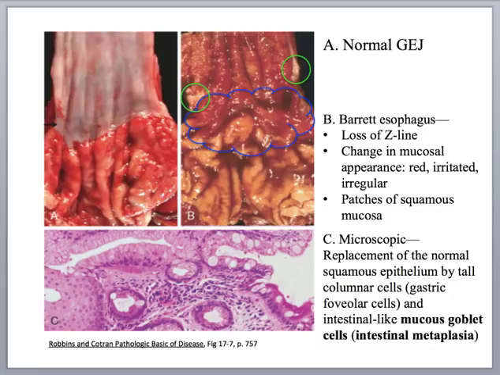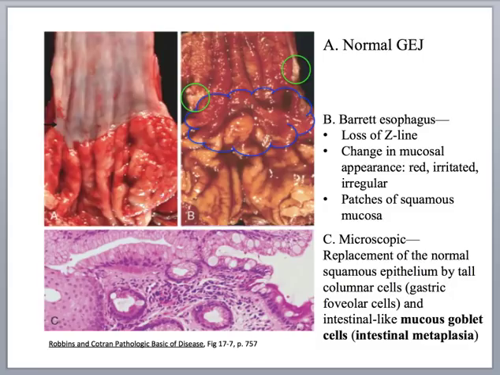Now in panel B, you note in the blue cloud this line, the Z line, is quite irregular, and there's not a smooth transition. Also note that above that, the epithelium has a reddened, roughened appearance, so it's loss of the normal appearance in comparison to panel A.